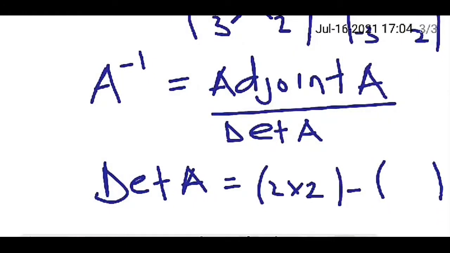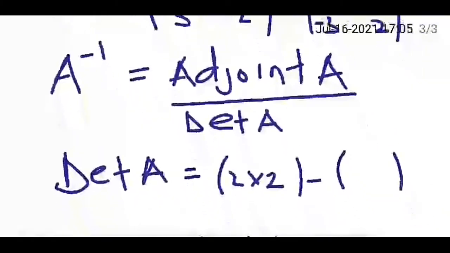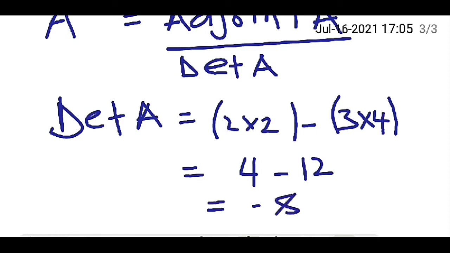And then in the other bracket, you put 3 times 4. This will now give you the determinant as 4 minus 12, which is -8. So the determinant is -8.